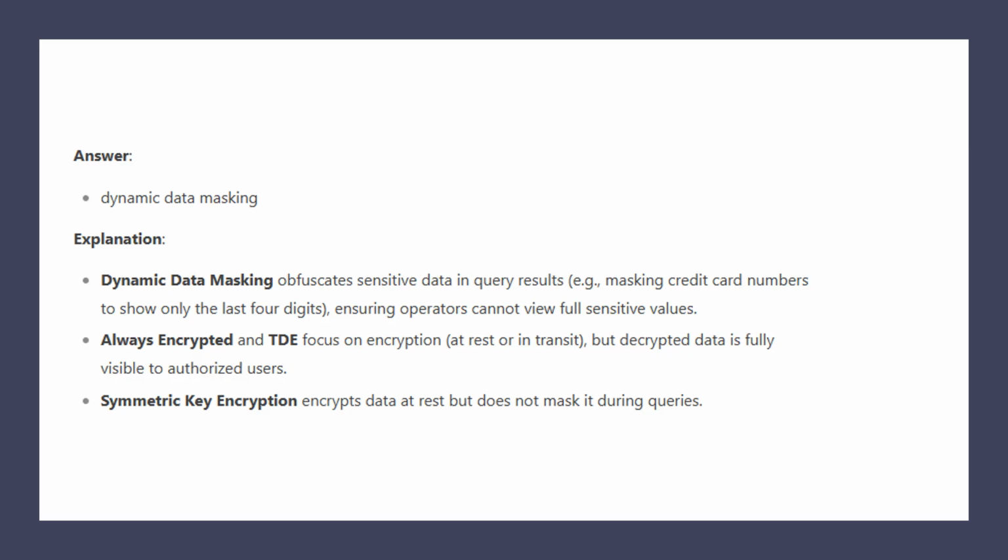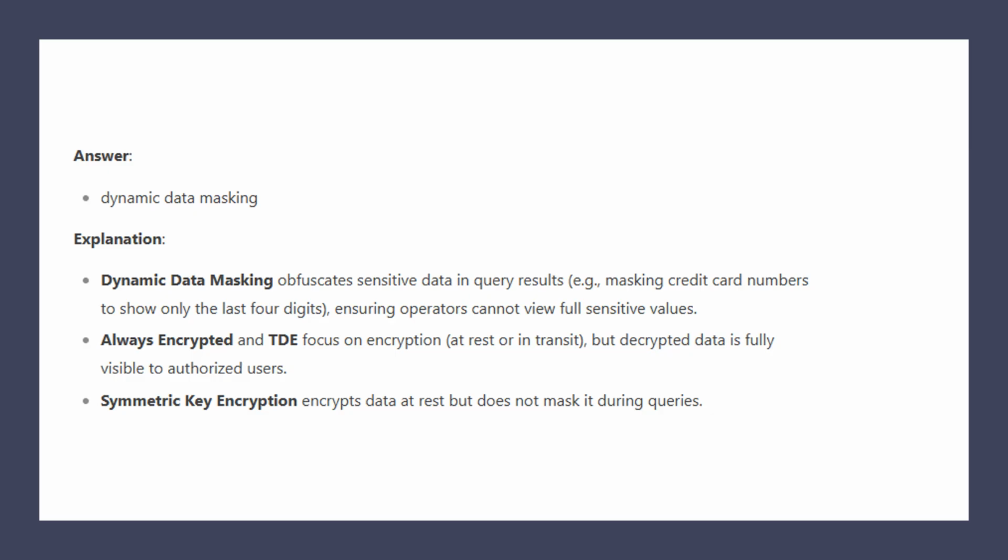The correct answer is dynamic data masking. Dynamic data masking obfuscates sensitive data in query results, masking, for example, credit card numbers to show only the last four digits, ensuring operators cannot view full sensitive values.